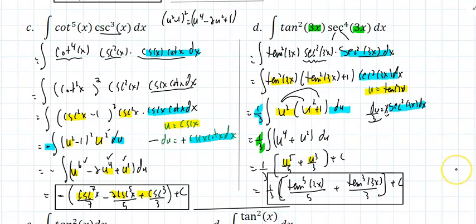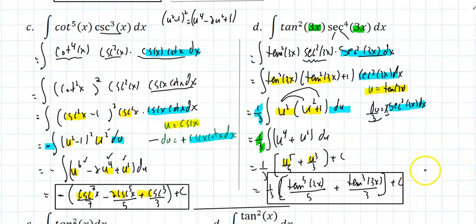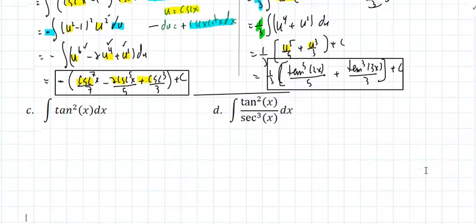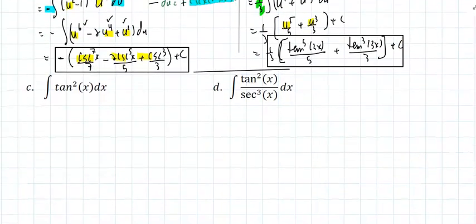And I move on to my next problem. I notice there's a small problem. This is tangent squared of x, and there is no secant, and I need tangent to be to an odd power.